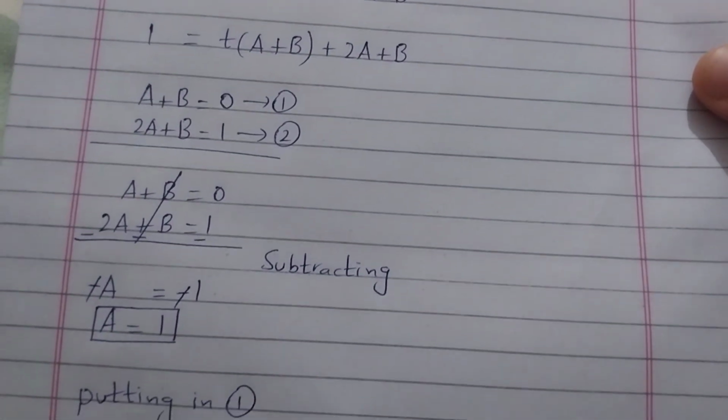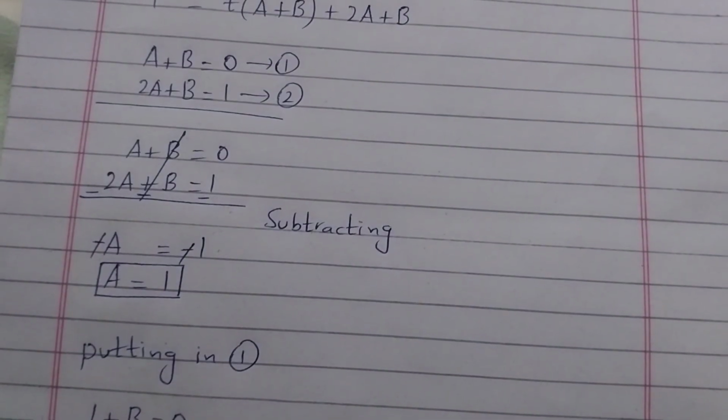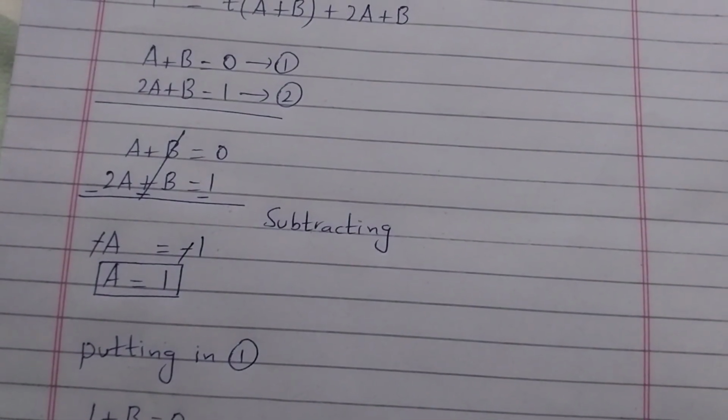We just need to solve these two equations to find the values of a and b. So I'm subtracting equation 2 from equation 1, changing the signs of the equation written below, a plus b is equal to 0. So plus turns into minus in the second term, also plus turns into minus, and in the last term we also change plus to minus.